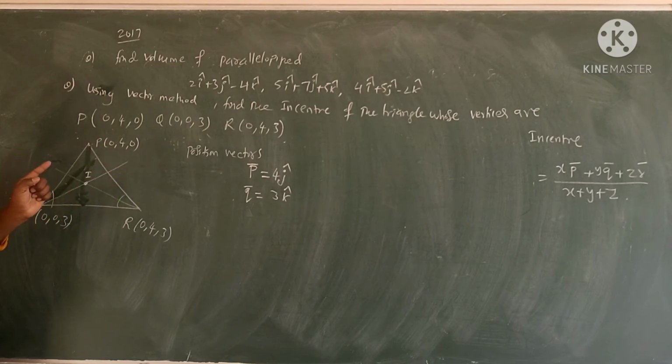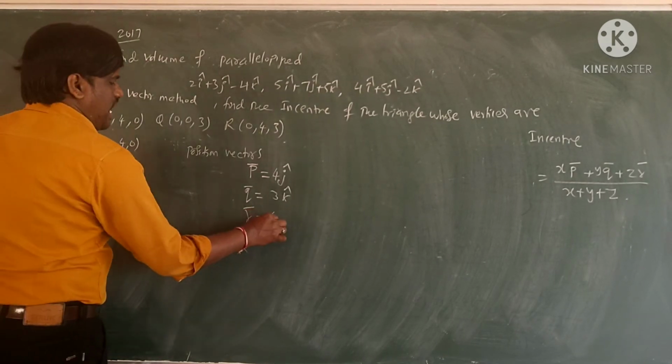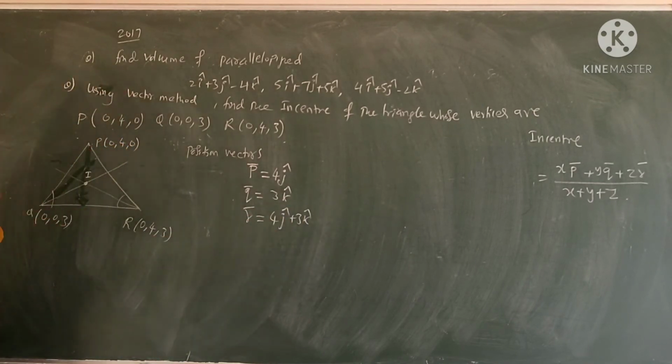P vector is 4j cap, Q position vector is 3k cap, R position vector is 4j cap plus 3k cap. Now listen here, I need the distance of this. So first I will find PQ vector, then QR vector, then PR vector, means all vectors I will find here.